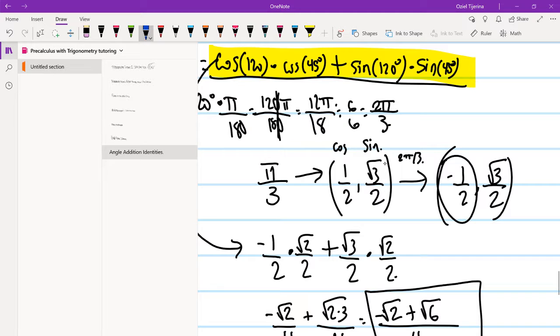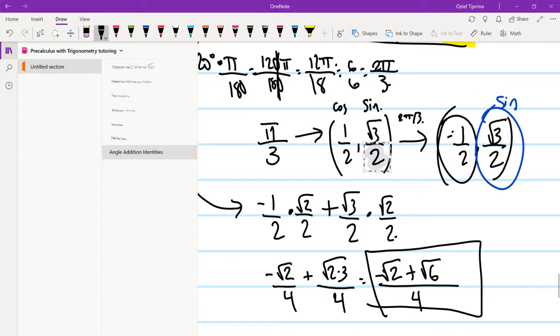So the sine of 120 is the square root of 3 over 2, and then times the cosine of 45 degrees, which is the square root of 2 over 2, and then plus the cosine of 120, which is negative 1/2, so we're going to put it in parentheses, and then times the sine of 45 degrees, which is the square root of 2 over 2.